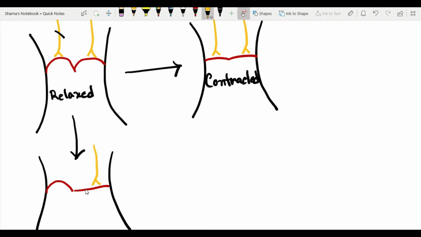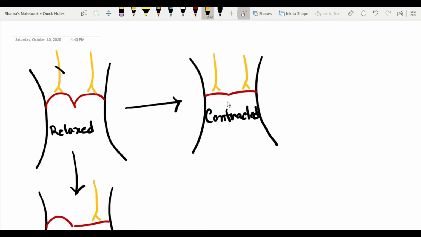Now my second point is, normally when the diaphragm goes down, the vertical diameter of the thorax increases, and when the diaphragm stabilizes, the accessory muscles of respiration like the intercostals and splenius start working. So what happens at that point? Suppose these are ribs.